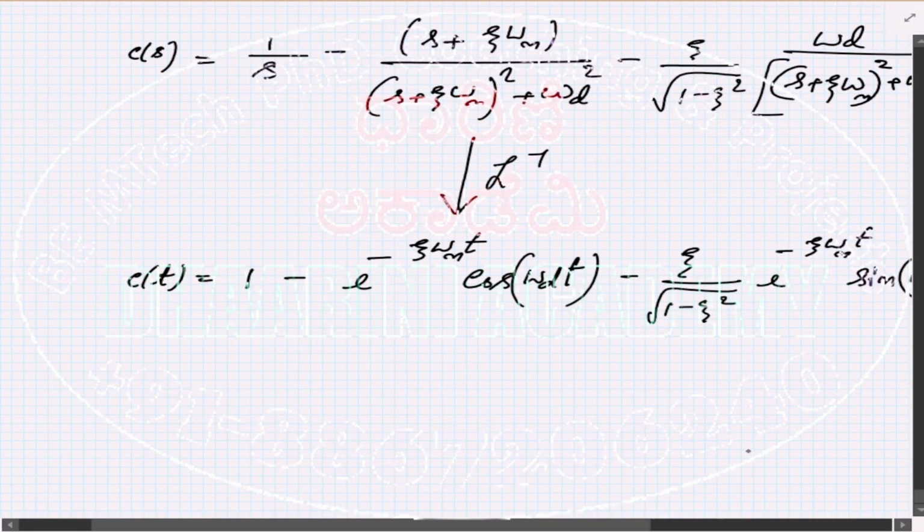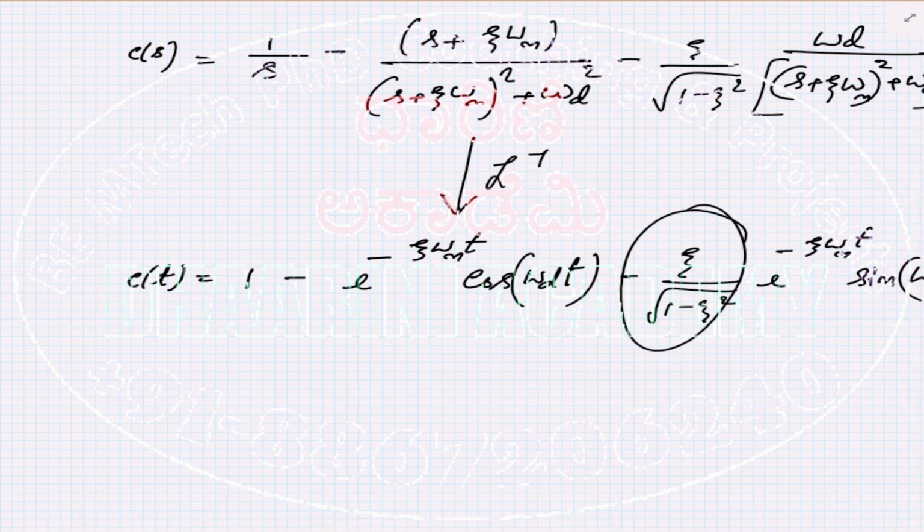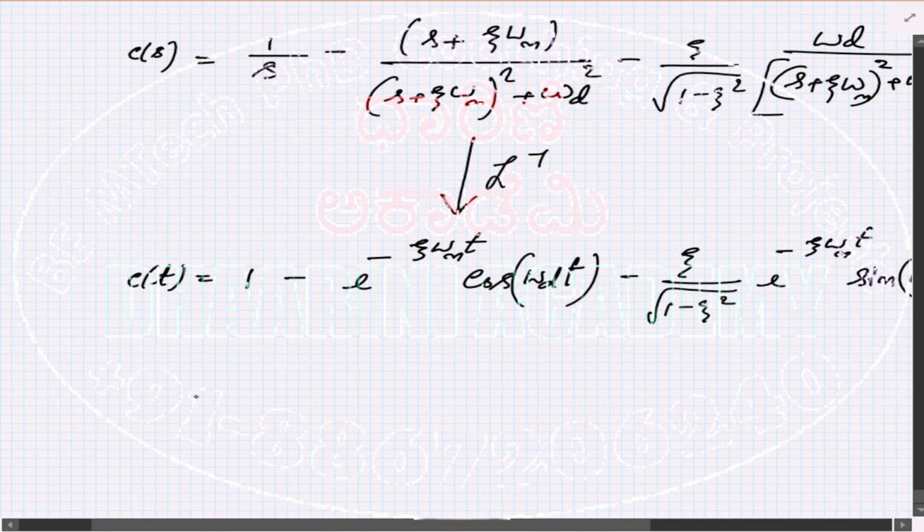Now, what if I want to take this term common? I want to take out this term from the whole. So I'll write 1 minus, I can see that e to the power minus zeta omega n t is common, and in the denominator I'll try to take out root of 1 minus zeta square.